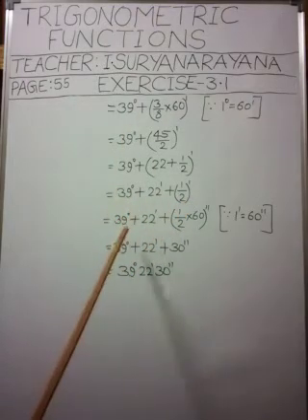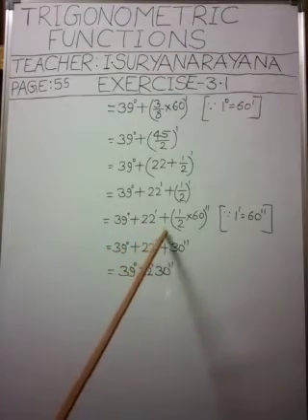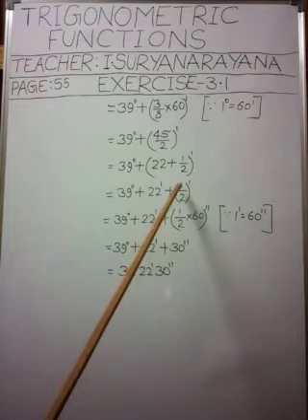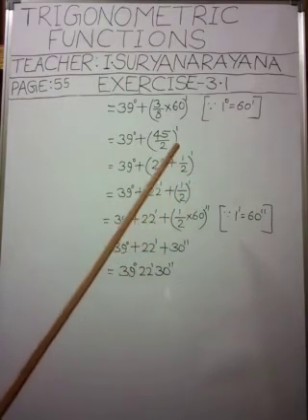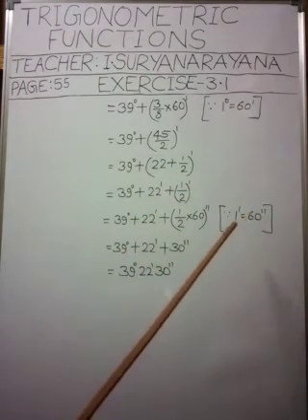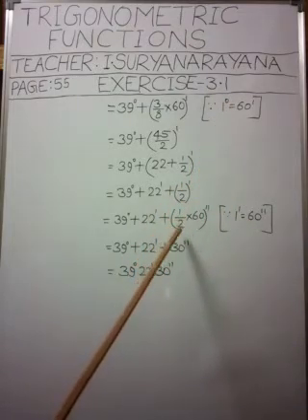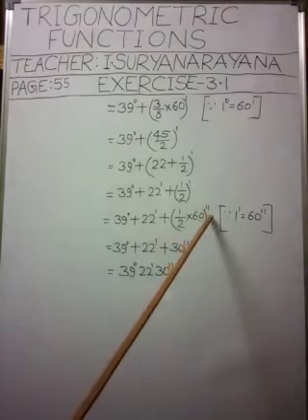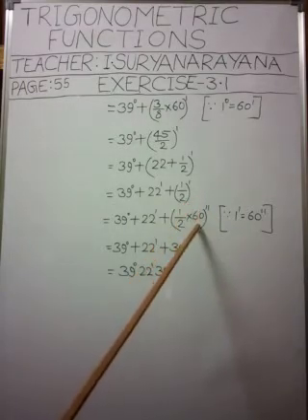Right. That is equal to 39 degrees plus 22 minutes plus, here we are converting this minute part into seconds. How many seconds make 1 minute? 60 seconds. 1 minute is equal to 60 seconds in the degree measure. Do you remember these points, my dear children? Right. That is equal to 1 by 2 into 60 seconds. Here we converted this part into seconds.